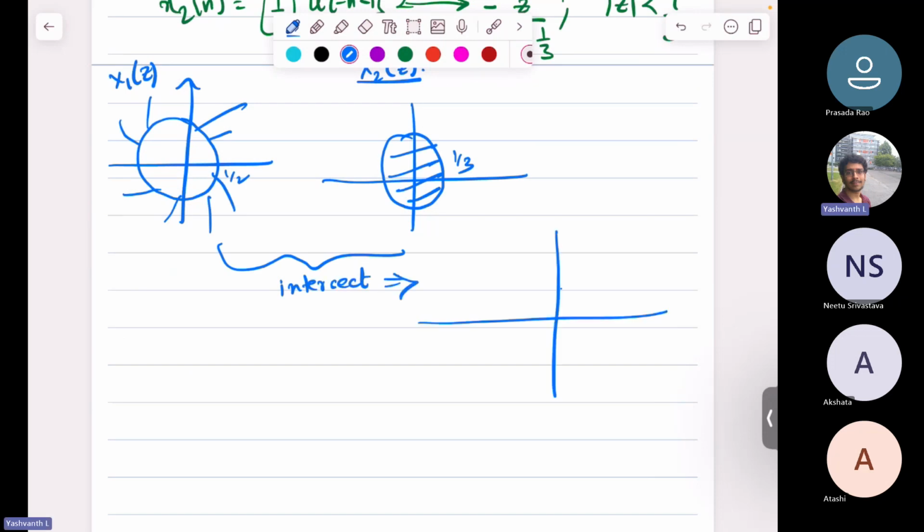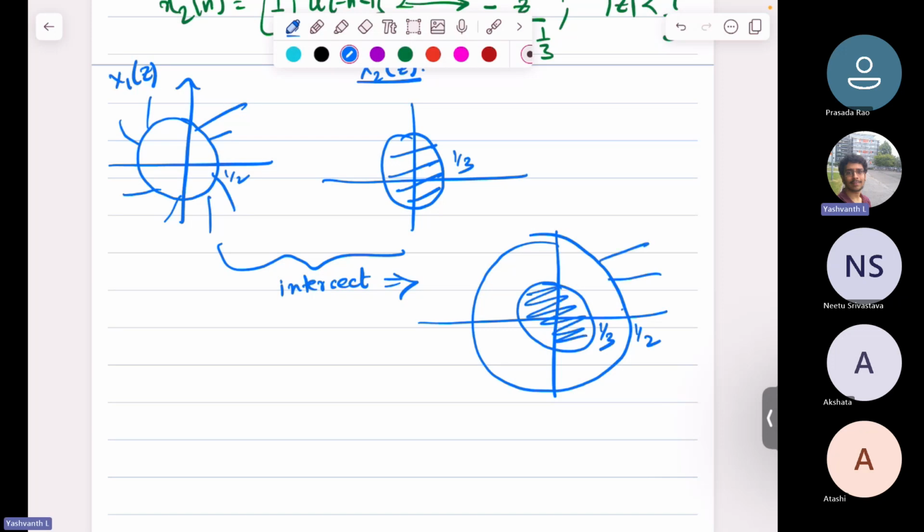You will have something like this: half and 1 by 3. These are for x1 of z and this is for x2 of z. There is really no common ROC between x1 of z and x2 of z, because one is exterior to half, the other is interior to 1 by 3.